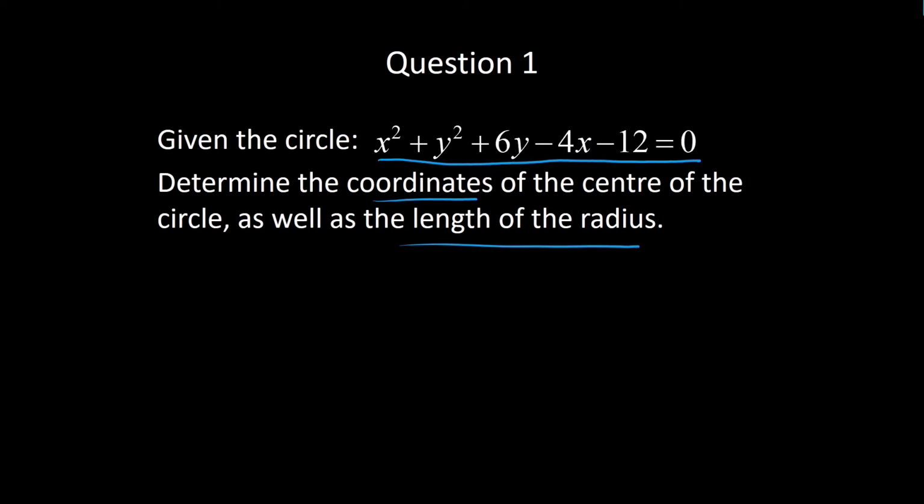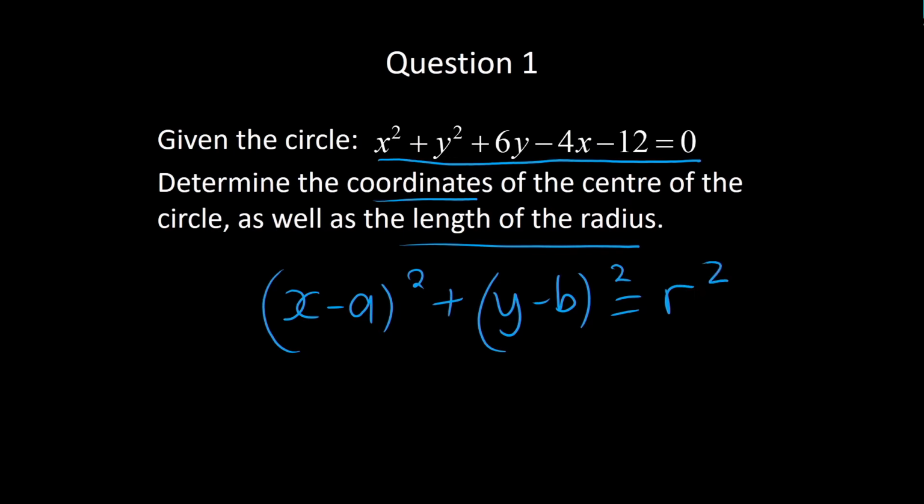What kind of work are we talking about? Well, to rewrite this equation into the form (x minus a) squared plus (y minus b) squared is equal to r squared, we have to use completing the square, and rewrite the equation they gave us into a familiar form, which we can then use to read off the coordinates of the center and the length of the radius.